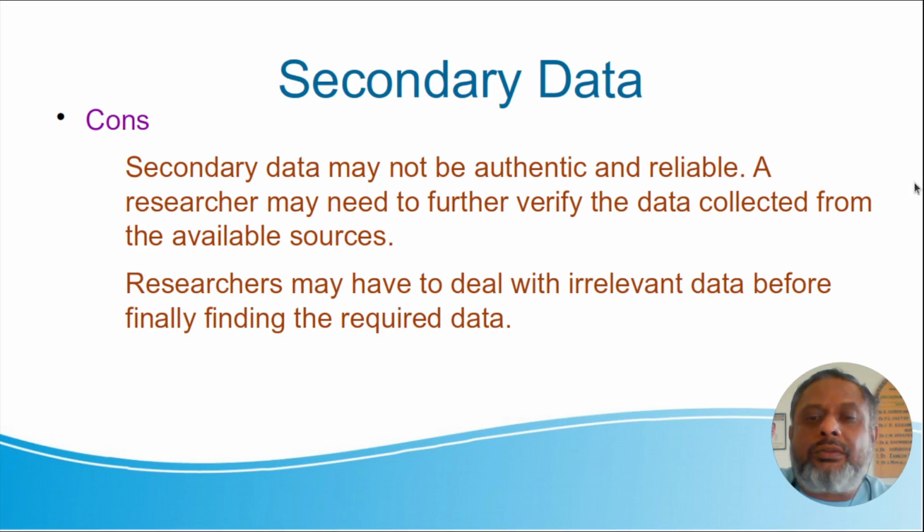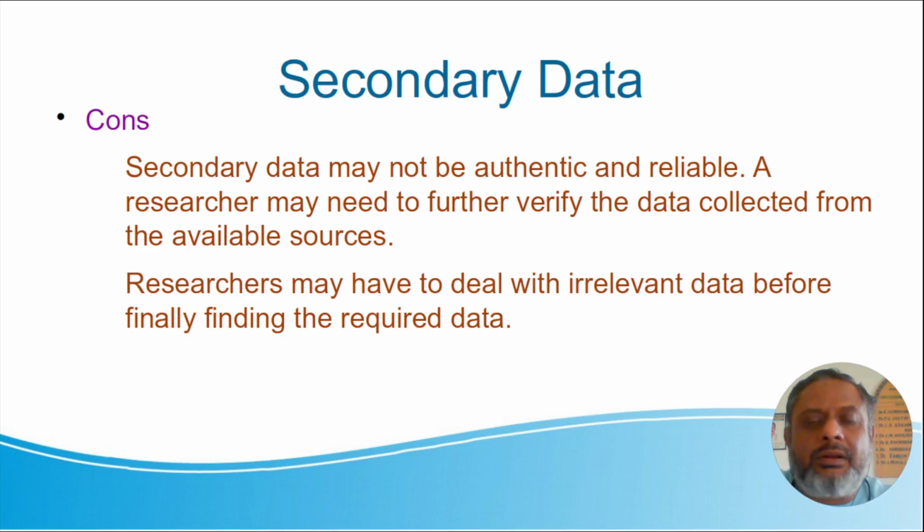And we may have to deal with irrelevant data before finally finding the required data. Yes, we are working on one project. We need a type of data, and instead of searching for the data ourselves, we are trying to depend on others. So that means somebody else has already done a similar activity and collected the data, and we want to make use of it.